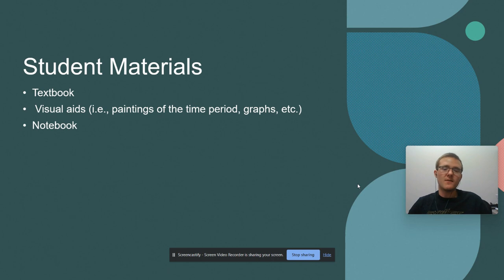I don't know specifically which one I would use. And then also visual aids for this assignment, paintings of the time period, graphs that can visualize statistics of the time period, etc. And then also their notebook that they would write notes in, annotations, etc.